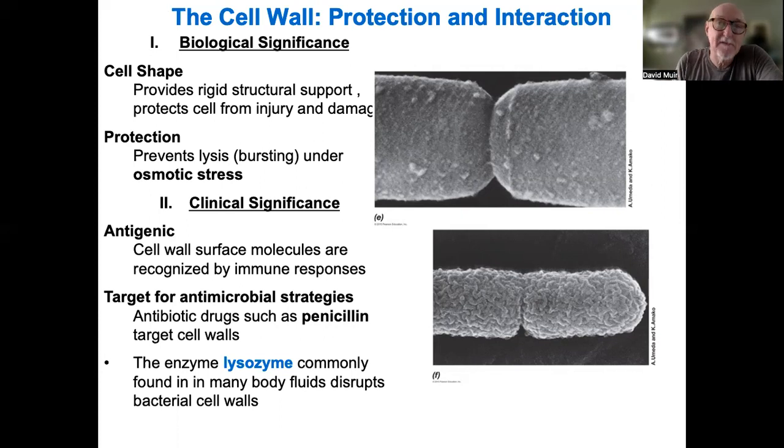The gram-positive cell wall excites strong immune responses from the host if this is a parasitic, pathogenic bacteria. But the structure of the cell wall, the building of the cell wall, is subject to control by antibiotics.